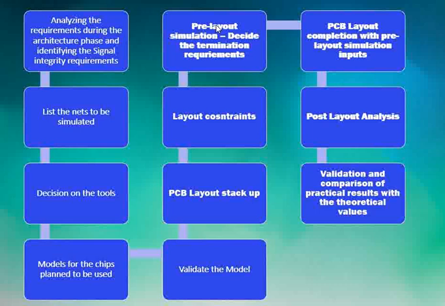So layout constraints are like which layers we are going to route, what are the impedances required, what are the wires that are being planned in the layout, and which layers the routing is going to happen, how will be the plane. So all these constraints, and then spacing between the traces, all these need to be input to the signal integrity engineer.